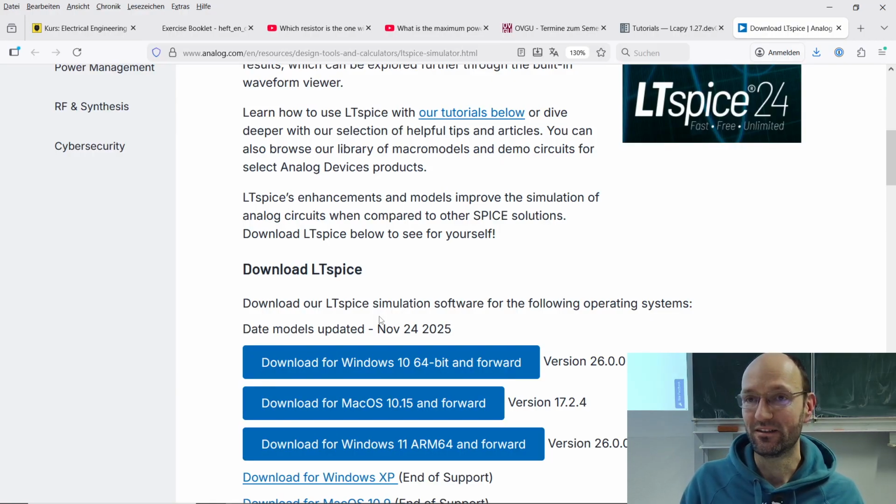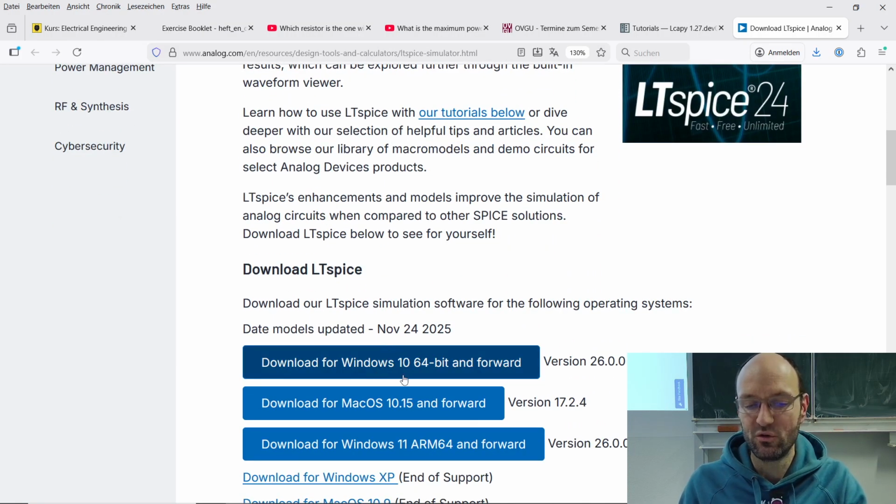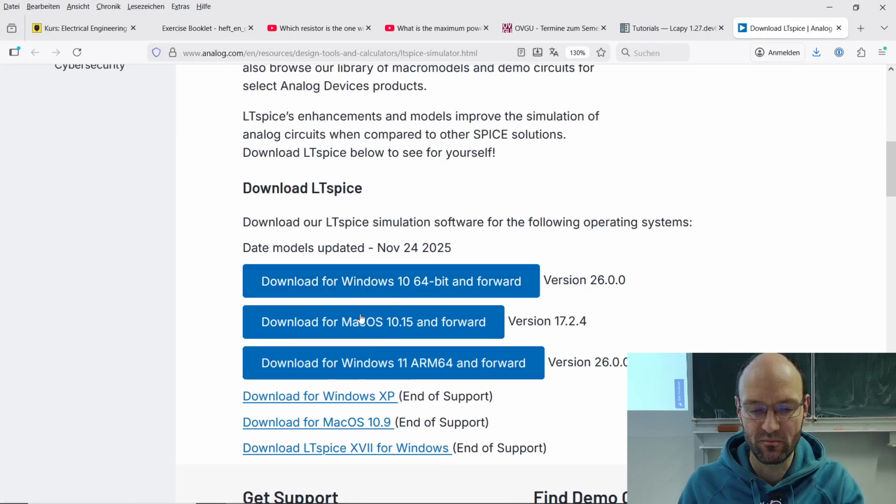And this EasyEDA that we discussed before in the background is also using LTspice as a solver. Just that they have a web interface so that you can use it from a browser. The disadvantage here is, let's say, that you need to download it and install it on your computer. It will run under Windows and Mac OS, and I think for Linux you need to have some emulator.